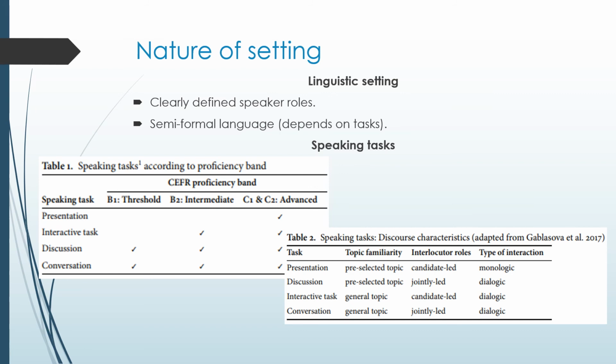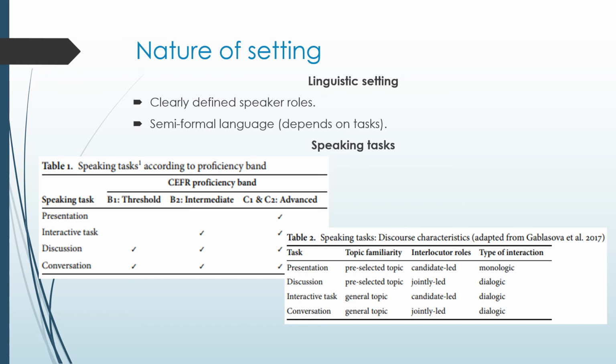In the interactive task, second language speakers were supposed to maintain the conversation, asking questions. They were given a topic and they were leading the conversation. So they were not asked any questions here. They were mostly just asking questions.